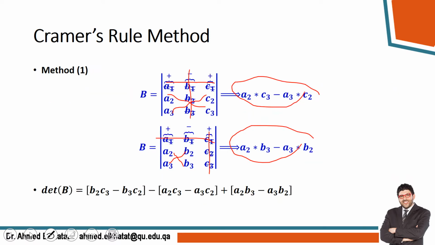So the determinant of A will be A1 times (B2 C3 minus B3 C2), minus B1 times (A2 C3 minus A3 C2), and the last column is positive, so plus C1 times (A2 B3 minus A3 B2). By this we can calculate the determinant. I think, inshallah, you can find it easy.